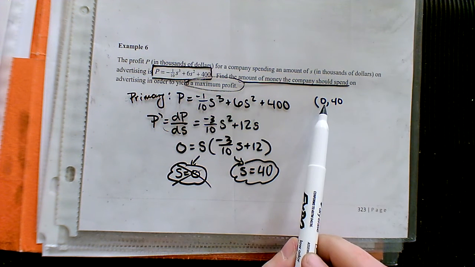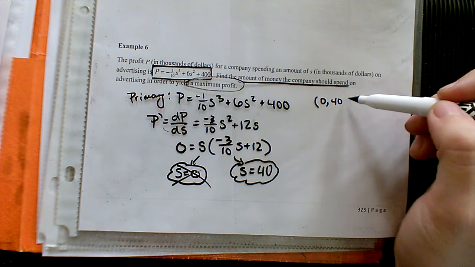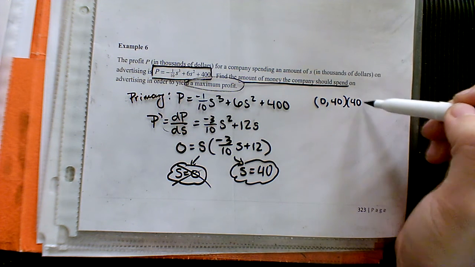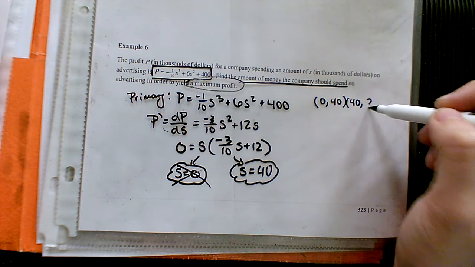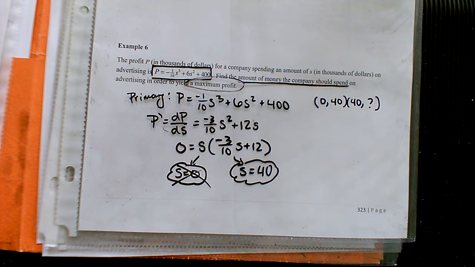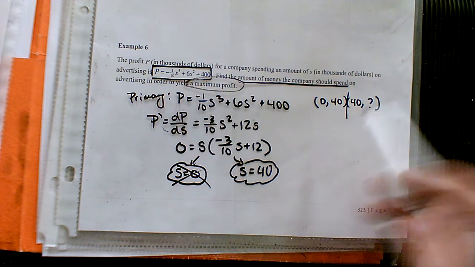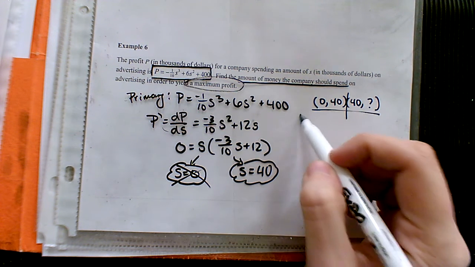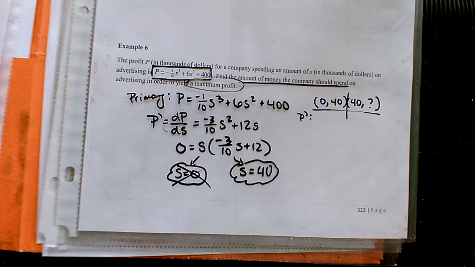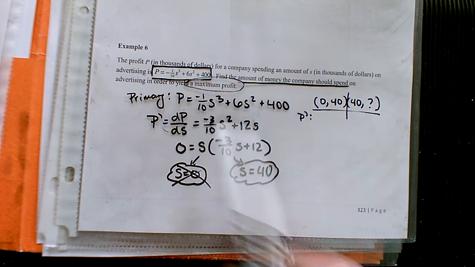So the lowest amount of money that we could spend on advertising is 0. We're going to test 40. And I don't really know the highest amount of money that we want to spend on advertising, so I'll just leave it as a question mark. $1 million? It could be. What are we feeling between 0 and 40? I'm feeling 1. All right.